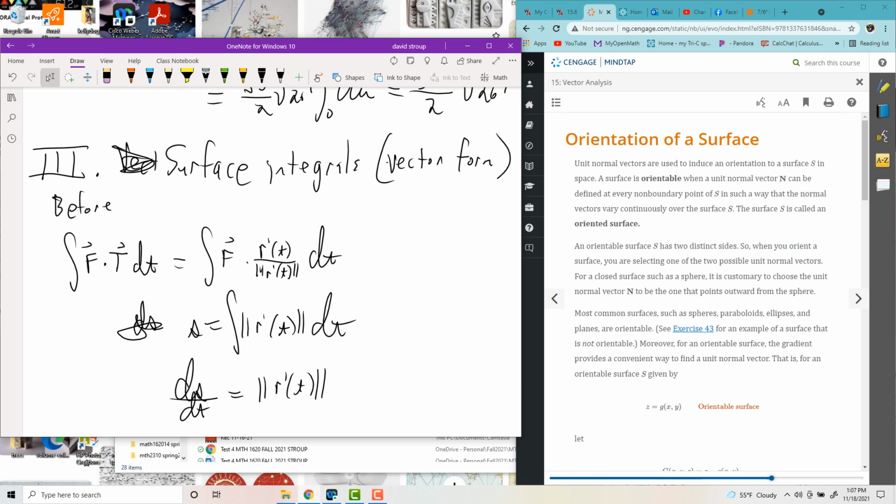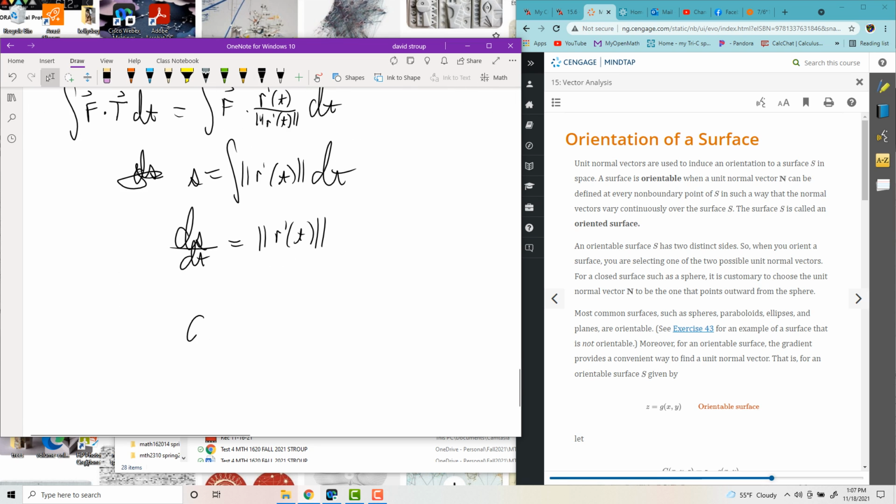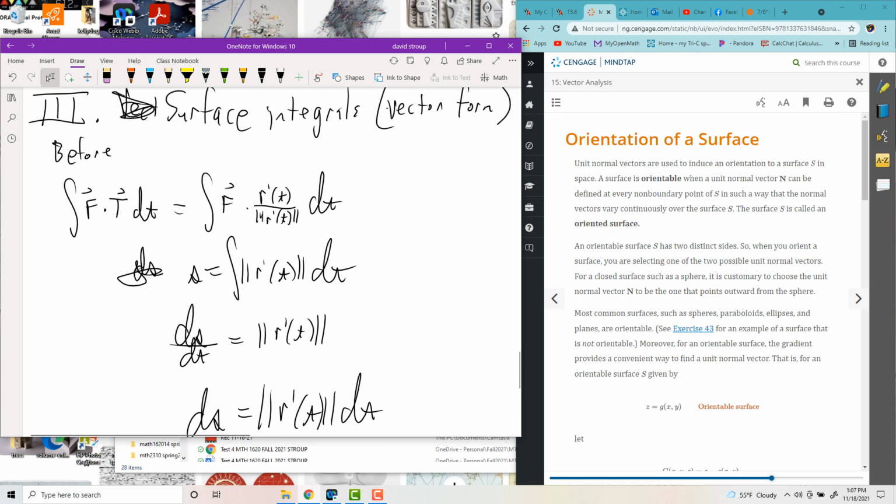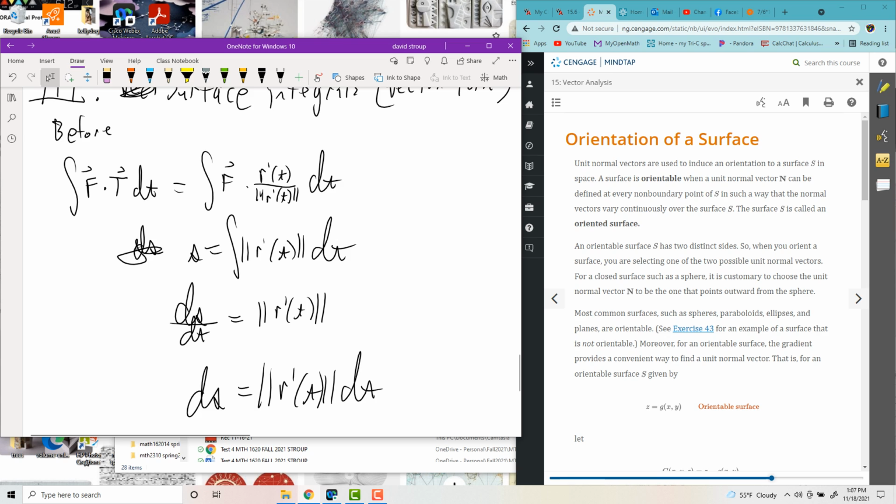So ds would then be the magnitude of r prime of t dt, and so I'm missing something. This would be ds right here. Okay, ds like that, sorry, and then this would be ds.